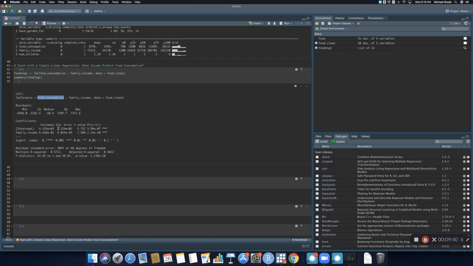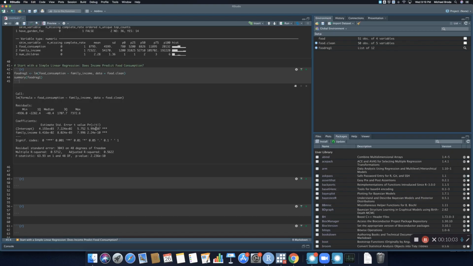Here we get a standard error for each of these estimates. And we get a t-value, and this is just the estimate divided by the standard error. And the general rule is the t-value needs to be above 2 or below -2 to reach statistical significance. And both of these are highly statistically significant.